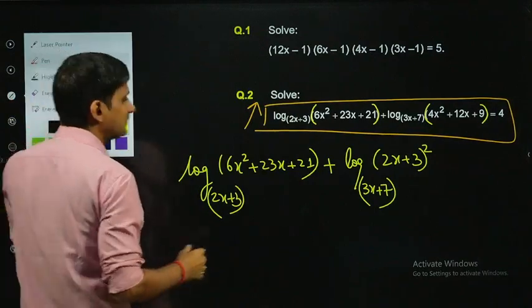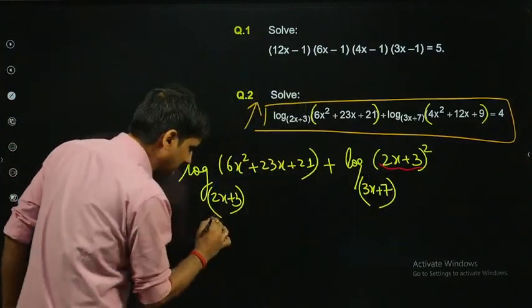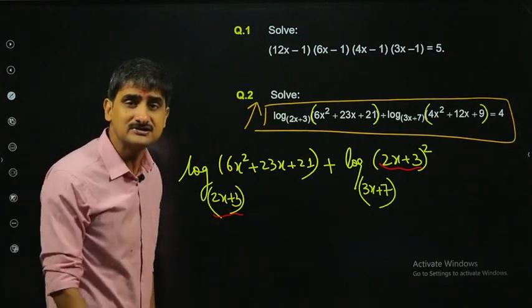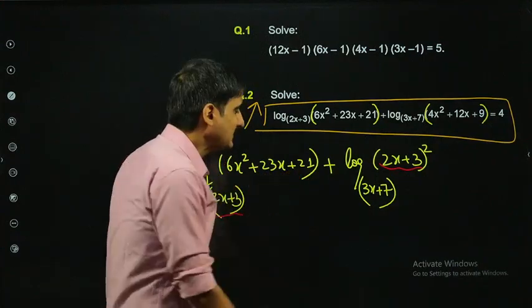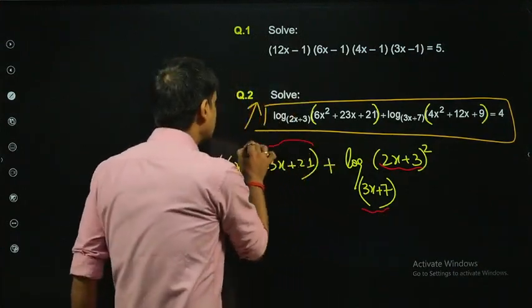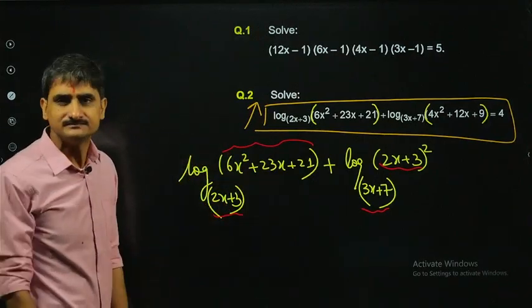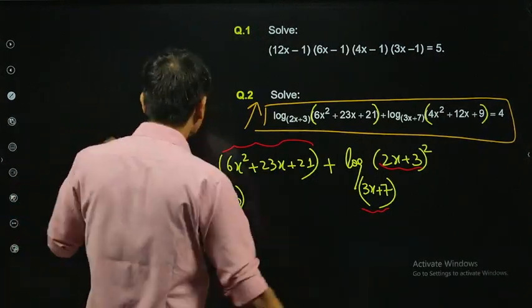So here you got log of 2x plus 3, and here that expression 2x plus 3 is in the base. So that means this should be factorizable, and we expect this expression to be a factor here. That's how I started. Okay, now let's write it.